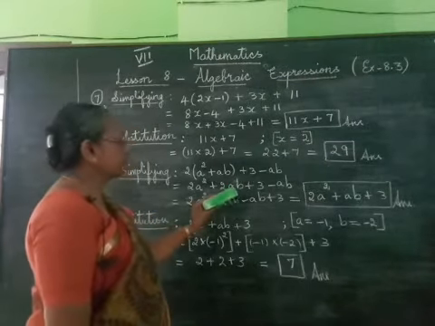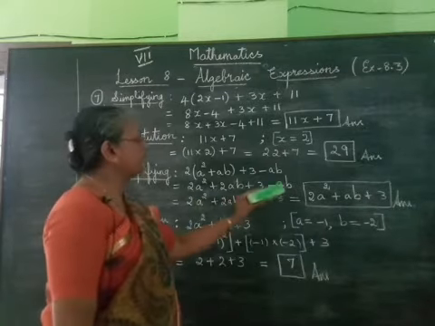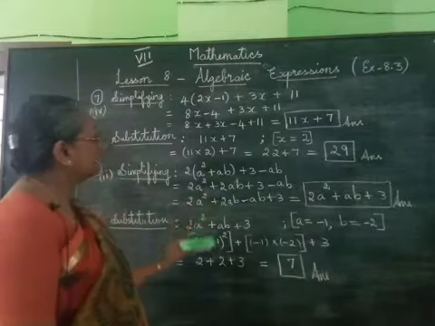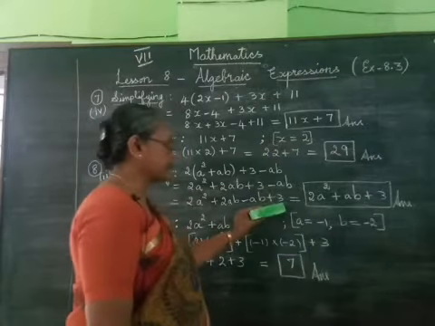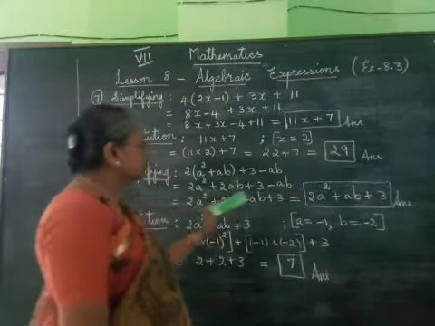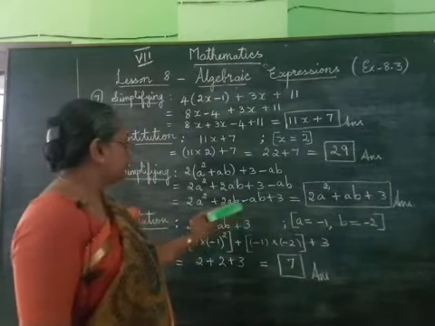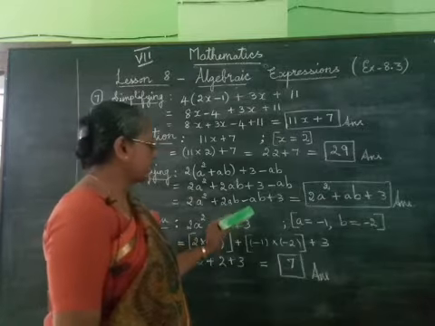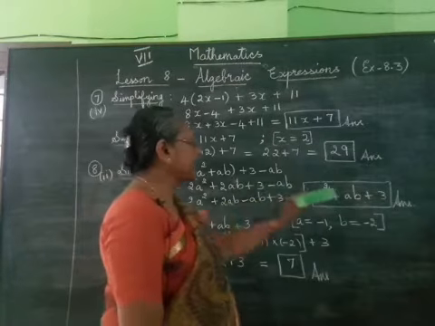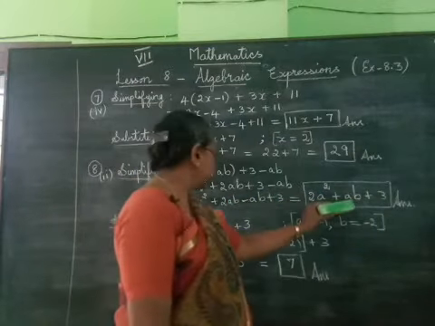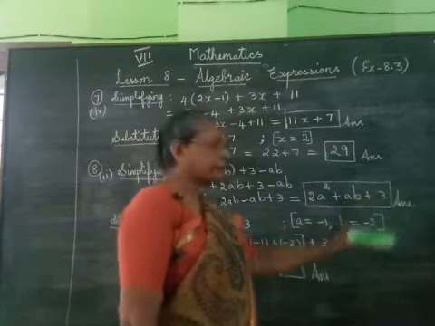Then, ab terms, we have plus 2ab and minus ab. So, we will write them next to each other and then we have plus 3 as the constant term. Then plus 2ab and minus ab we can combine, plus 2 minus 1, subtract and put greater sign. So, plus ab will come.